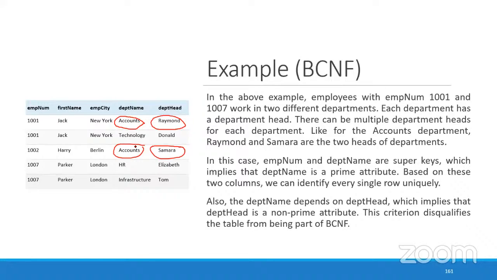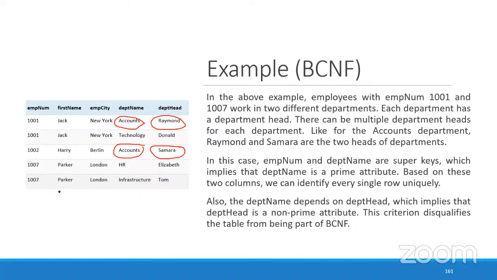To uniquely identify each and every row of data, we are using two candidate keys. Department name and employee number are super keys. Department name is a prime attribute here, and based on these two columns, we can identify every row of data uniquely.